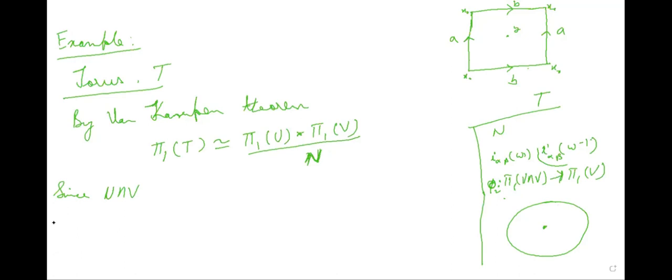And hence, since this deformation retracts onto a circle, pi 1 of U intersection V is equal to Z.